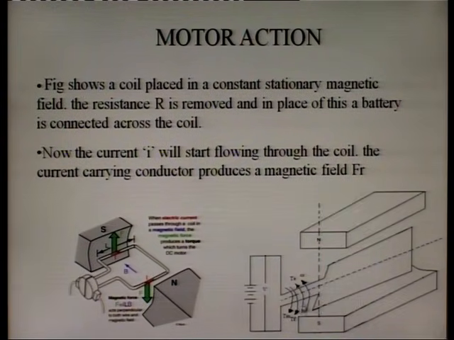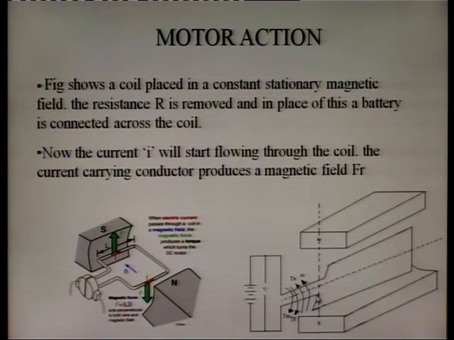So first we replace the load with the battery. When we connect the battery here, the current will start flowing in the conductor. So the first action will start, that is, a current carrying conductor placed in a magnetic field.